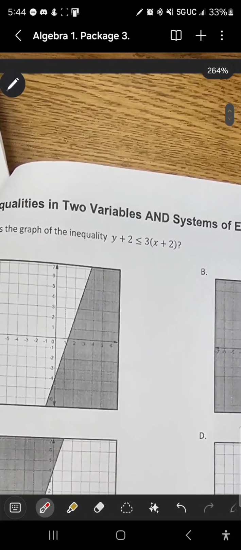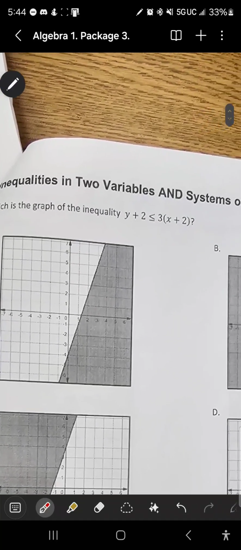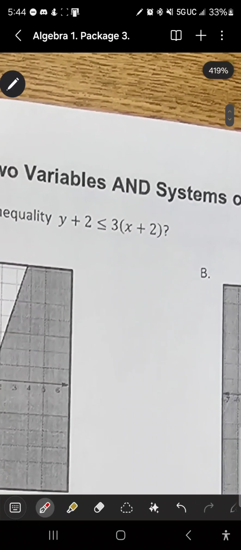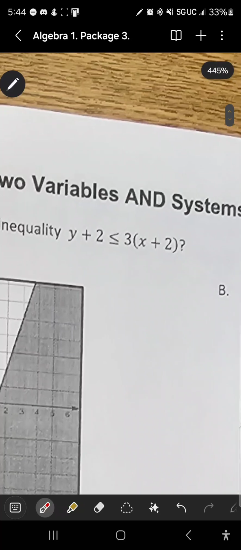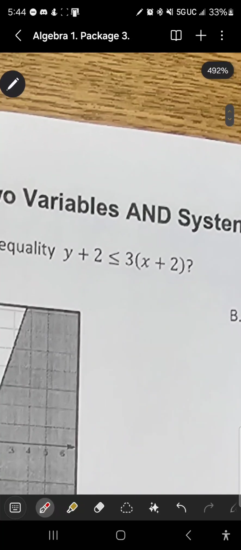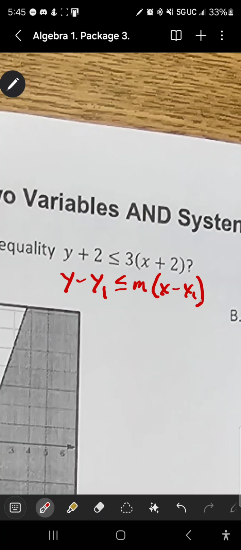Which is the graph of the inequality? Okay, first what I would do, as you can see here, I don't know if you can actually see it, but it basically means y minus y1 is less than or equal to m times x minus x1.